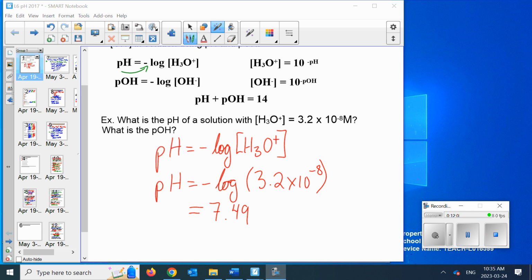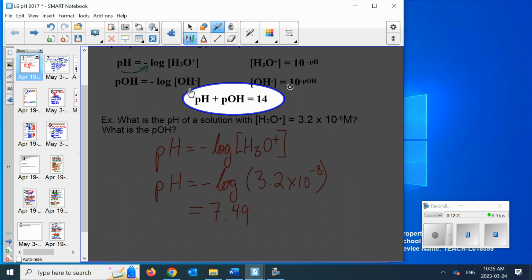What is the pOH? You'll never hear about pOH outside of the chemistry classroom, but it's a really handy thing, mainly for calculations. I've never heard of anyone in practical applications using pOH, but it's quite simple. The scale goes from 0 to 14. So if the pH is 10, the pOH is 4.